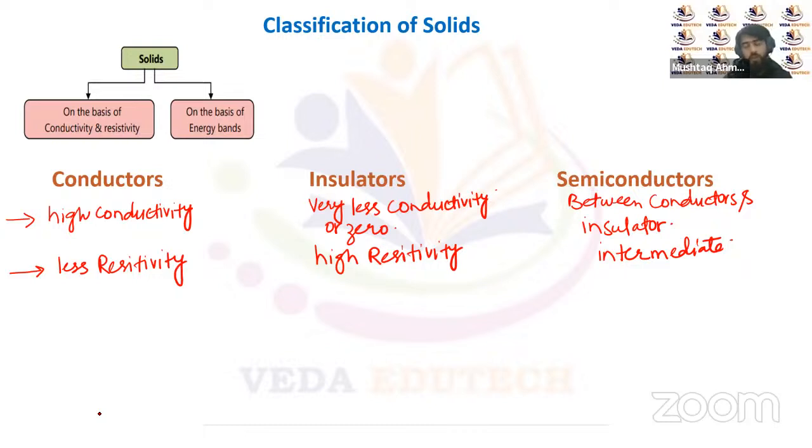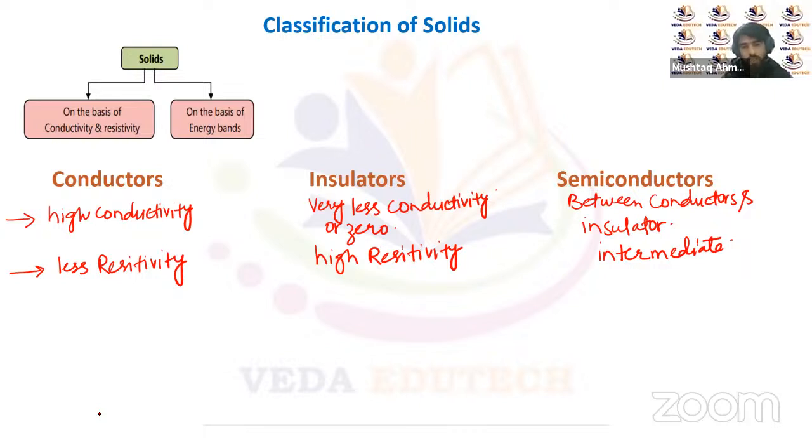Now let's talk about the effect of temperature on all three materials, right? We know that insulators do not have any free electrons for conduction. For conductors, the electrons are freely available for conduction, and there is a fair availability of electrons in case of semiconductors for the conduction of current electricity, right?